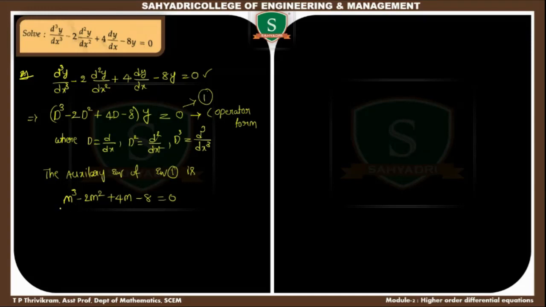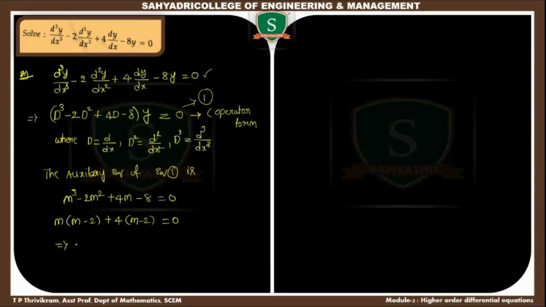In the first two terms I can take m square common. What you'll get? m minus 2. Next, in the last two terms I'll take 4 common, and you'll get m minus 2 equal to 0.